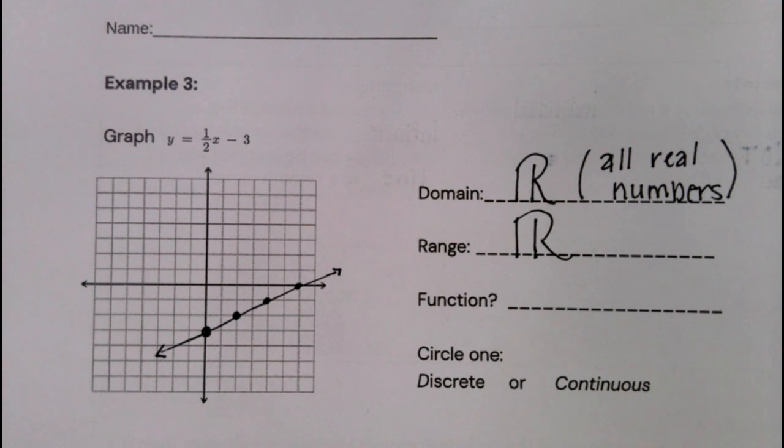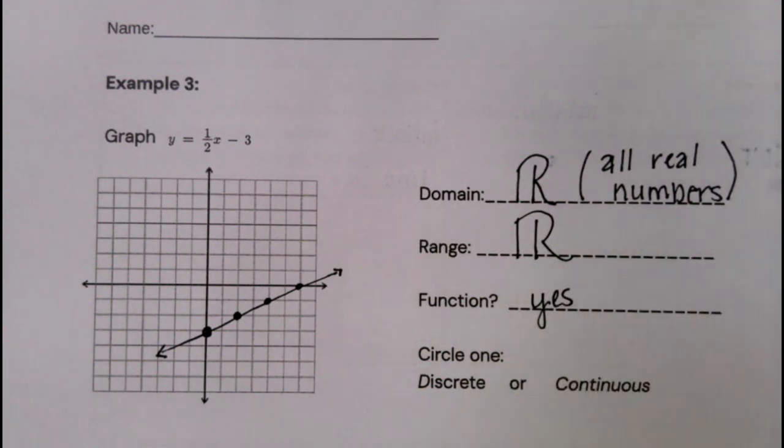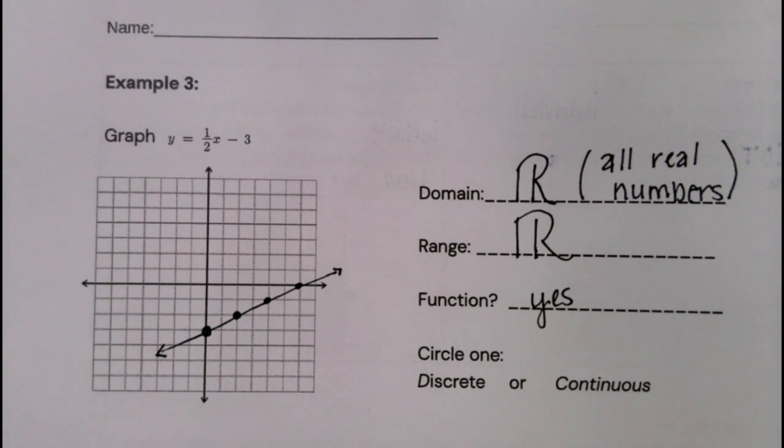Is it a function? Yes. The only type of lines that are not functions are vertical lines. All other lines are functions. So if it's a line, as long as it's not vertical, it's a function.